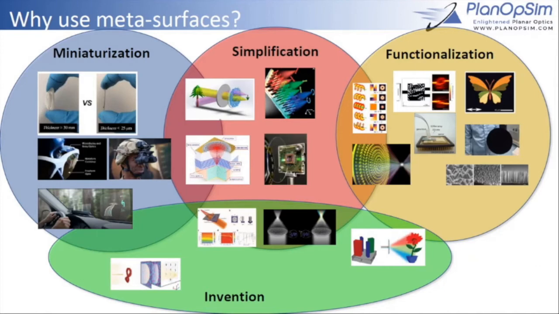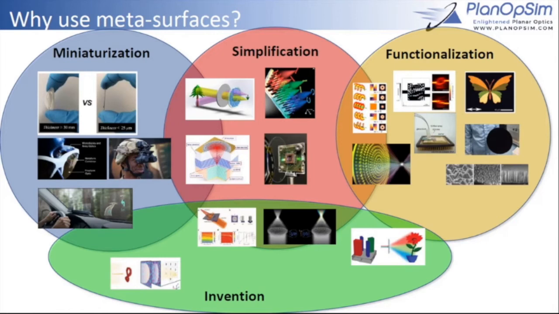Since you're all here, I guess you are pretty much aware of all the amazing possibilities that MetaSurfaces can deliver. We see 4 main categories from our talks with customers, academically and industrially. They are in miniaturizing optical systems, making them much smaller and much lighter; simplifying systems, doing the same with fewer components, which again makes the whole system better because there's less assembly and higher tolerance to all kinds of errors needed.